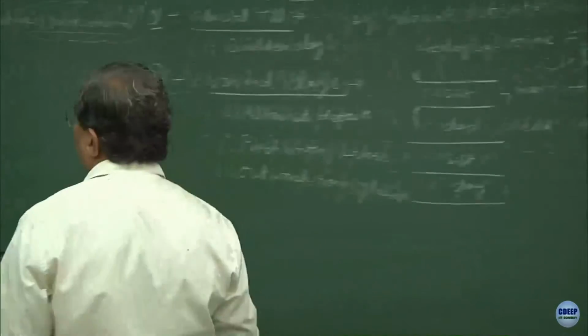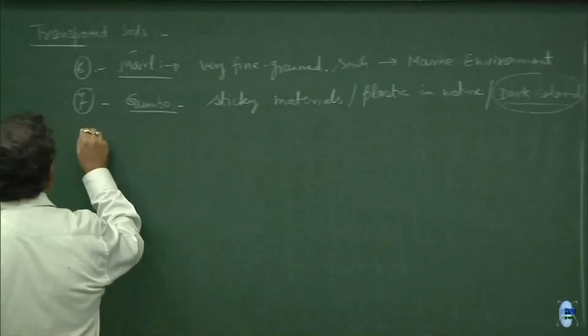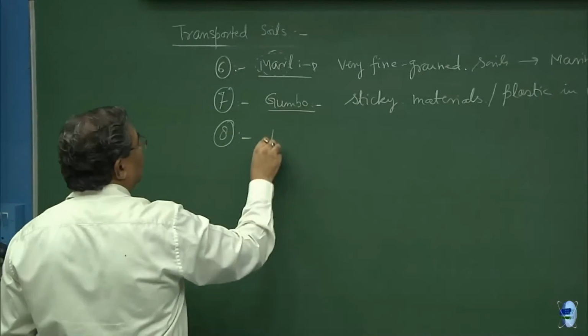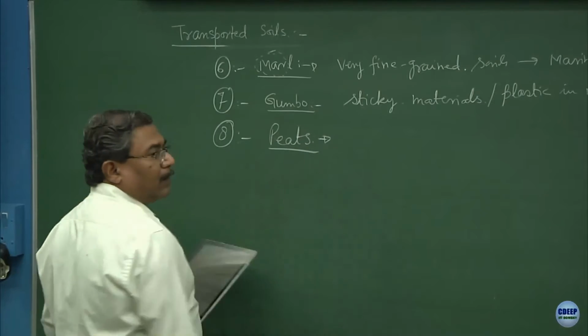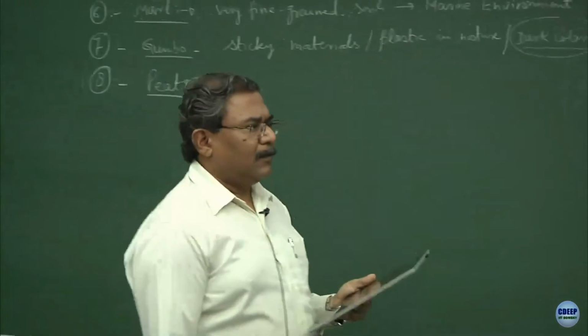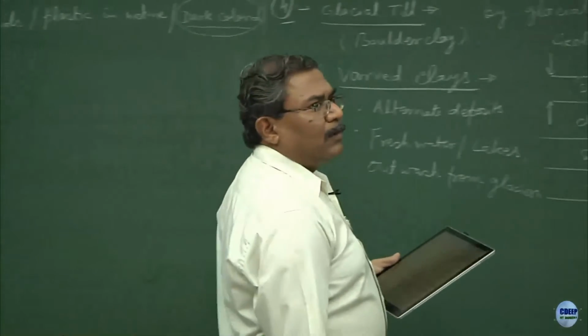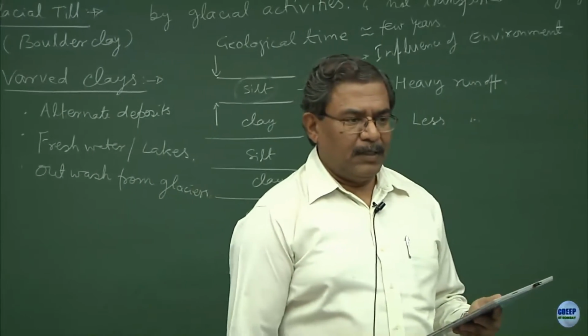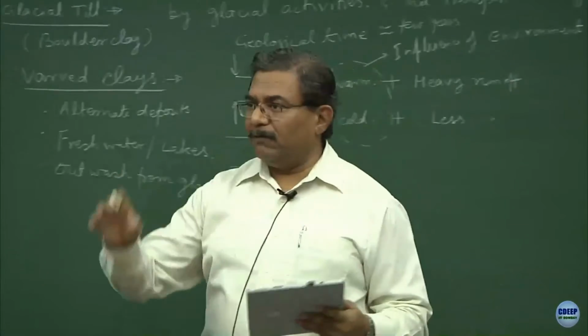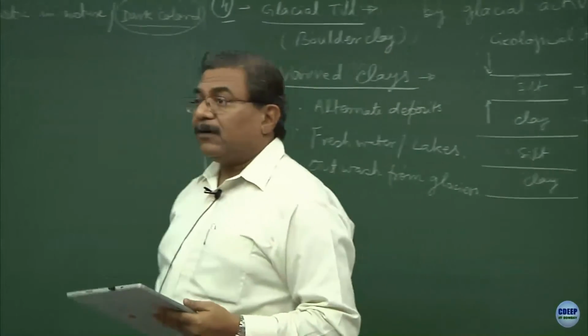There is another interesting category of soils which is known as peats. Have you come across this word? If you get a chance to go to Scandinavian countries and live over there, check it out on the net.